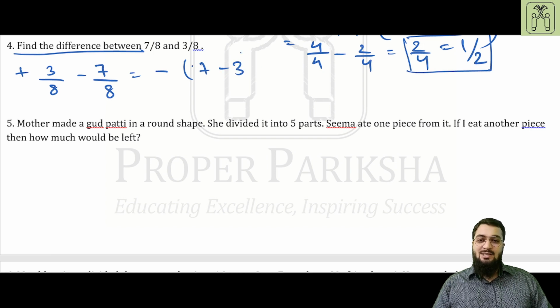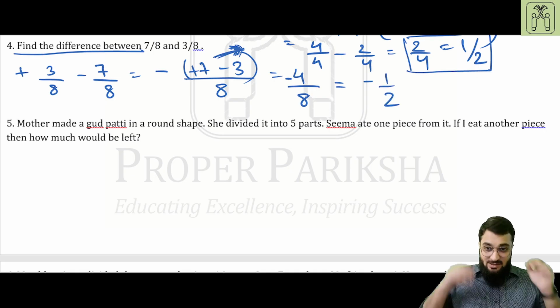We reverse the positive and negative. So 7 was minus, which will become plus, and 3 was plus, it will become minus, and the denominator is same. We have learned this method previously in comparing numbers, knowing numbers, addition, subtraction, everywhere. 7 minus 3 will give you 4 upon 8, and the minus sign was outside, so minus 4 upon 8 is the difference. Or you can say minus 1 upon 2.